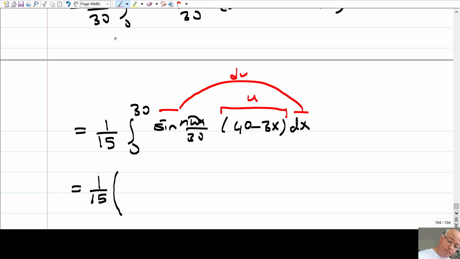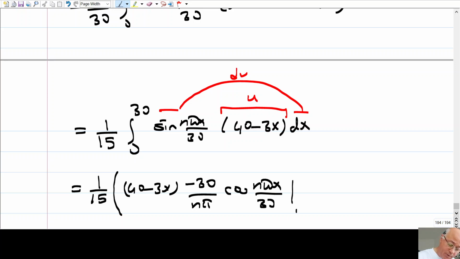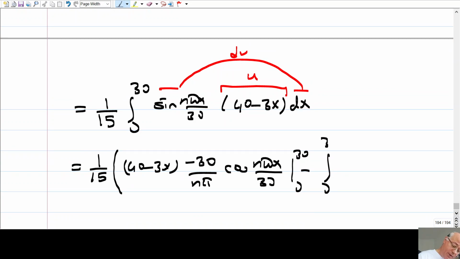So, u times v, where v is minus 30 over n pi cosine n pi x over 30, from 0 to 30, minus integral 0 to 30, du is just minus 3, and then dv is minus 30 divided by n pi cosine n pi x over 30 dx.